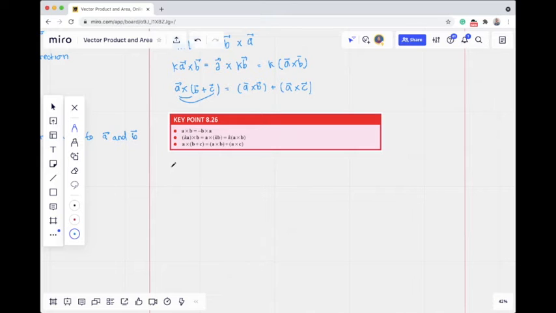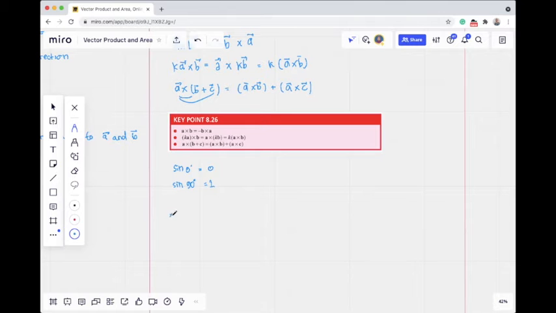For the cross product we use sine. For the dot product you use cosine, right? But for the vector product we use sine to find the magnitude. So we know that sine 0 is 0, and sine 90 is 1.